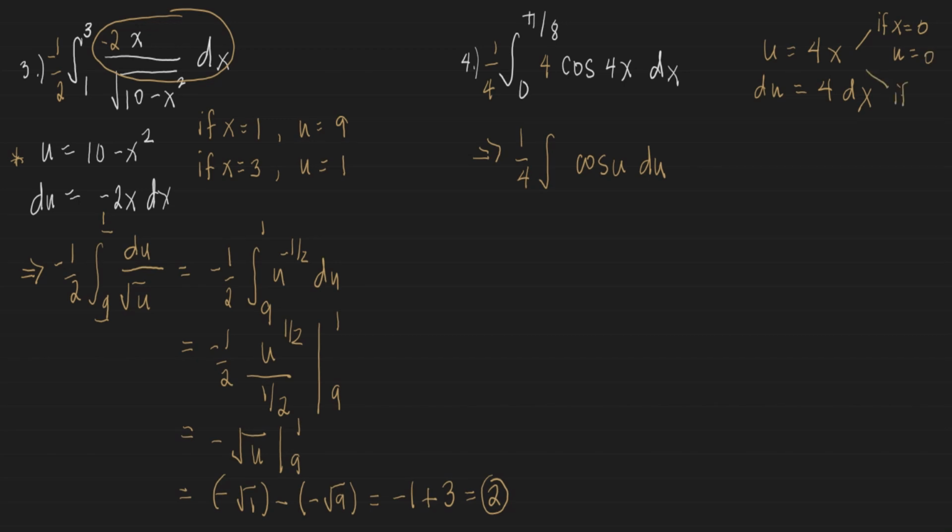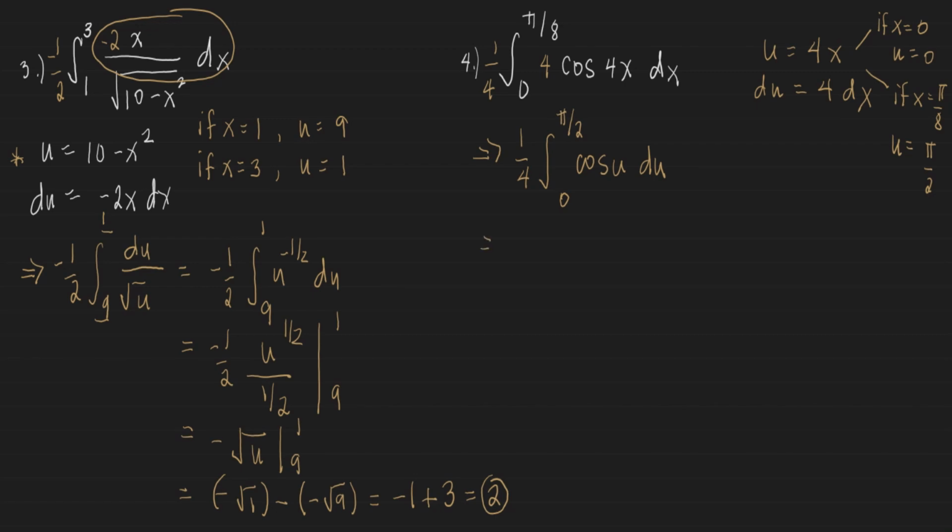Now, if x is equal to pi over 8, our upper limit of integration, then the corresponding value of u, 4 times pi over 8, we get pi over 2. So these are the values of the lower and upper limits of integration that we are going to apply on the substituted form. So instead of writing 0, the lower limit, well, it's also 0. And then for the upper limit of integration, instead of writing pi over 8, we're going to use the equivalent of that in u, and that would be pi over 2.